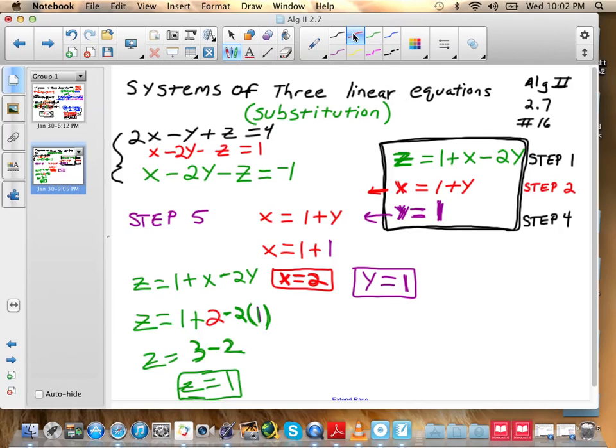My final answer: x is 2, y is 1, and z is 1.